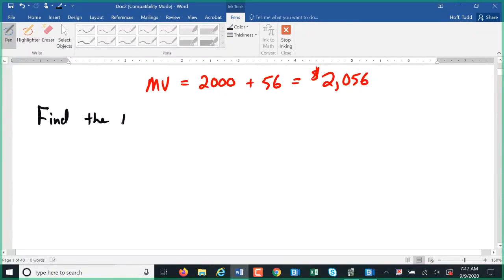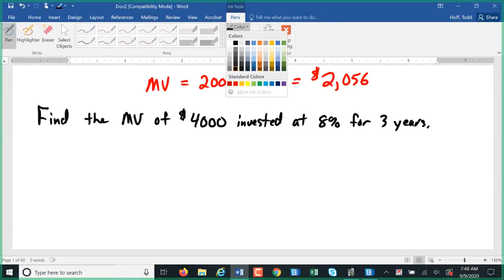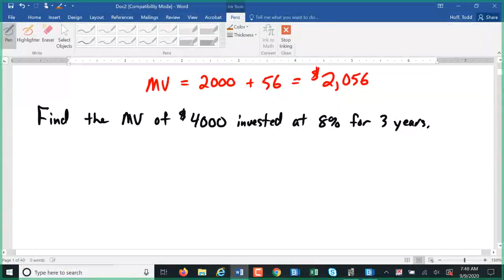So I might ask you to find the maturity value of $4,000 invested at 8% for 3 years. Well, let's work through this one together here.